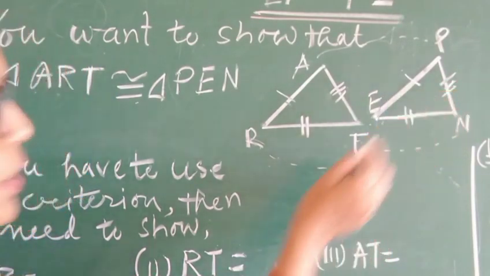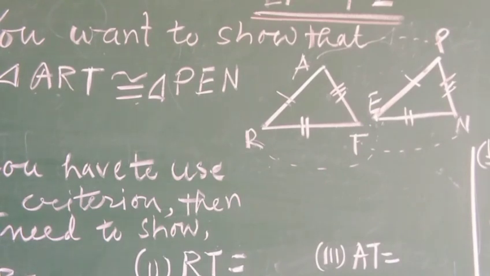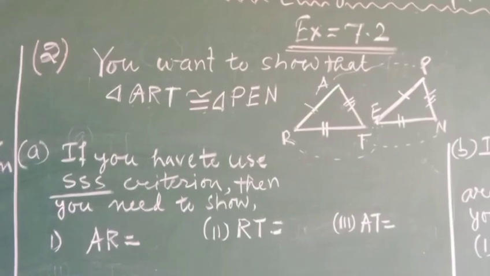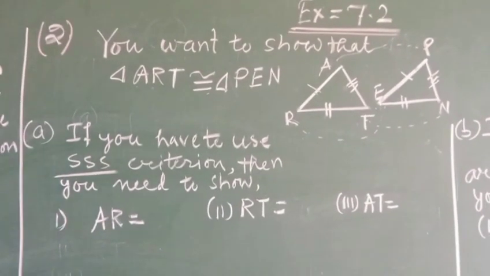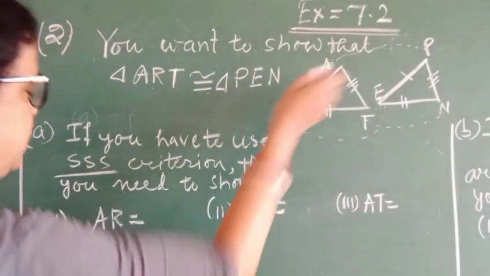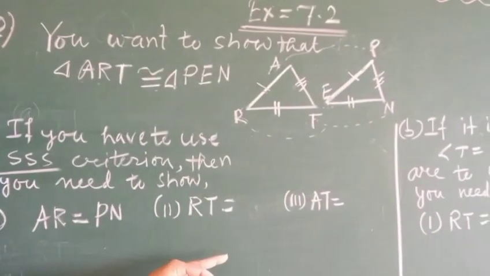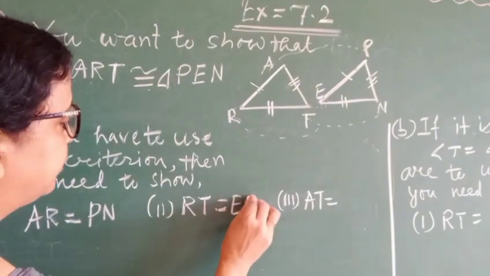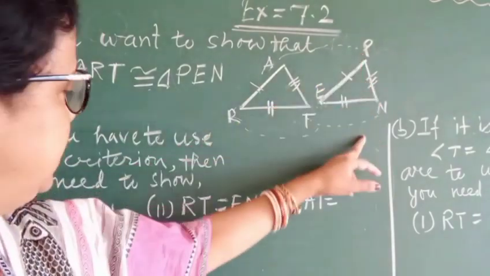Three sides. So what can I write here, girls? As the conditions are given: AR is PE, RT is EN, and AT is PN.